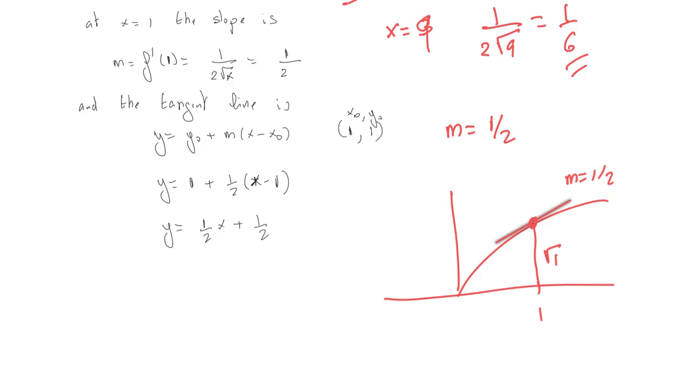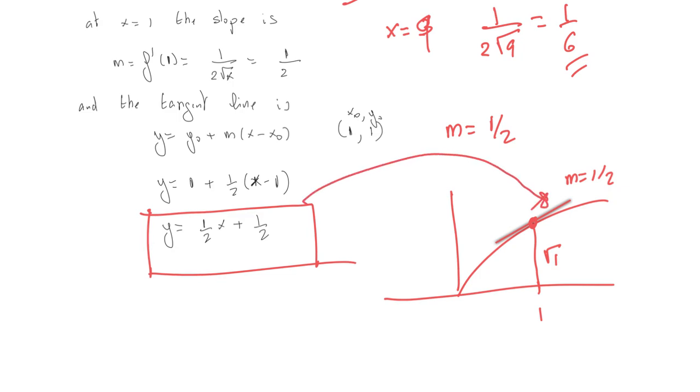So it would be 1 plus 1/2 times (x minus 1). With a little bit of algebra, it will be 1/2 of x, minus 1/2, plus 1, and 1 minus 1/2 is 1/2. This is the result of what they are asking me to find: the line y equals 1/2 x plus 1/2.